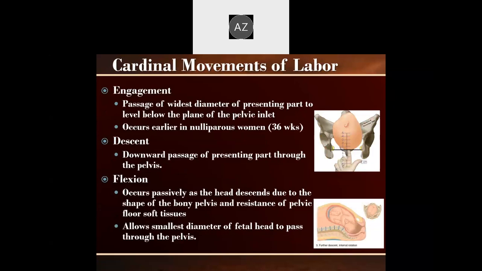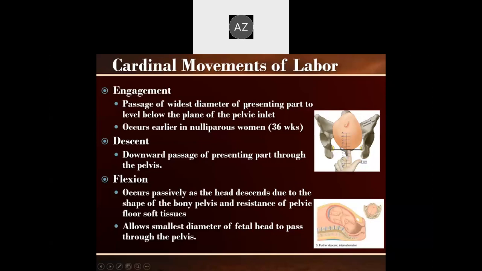Engagement is the passage of the widest diameter of the presenting part to a level below the plane of the pelvic inlet. It occurs earlier in nulliparous women, around 36 weeks. In multiparous women, it descends late, perhaps during the onset of labor.